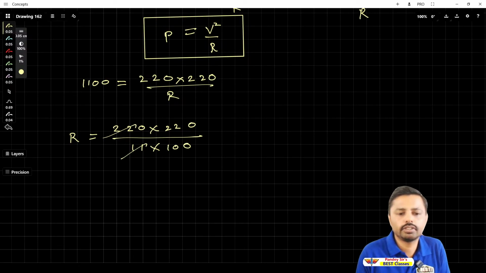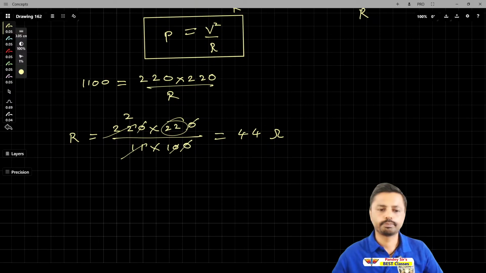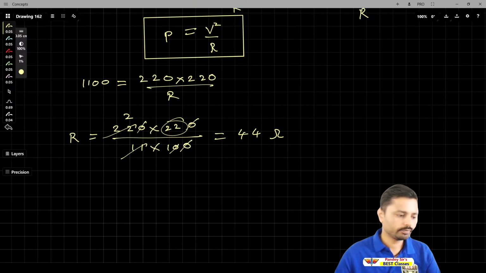Cancelling, we get 22 into 2, that's 44. So 44 ohms. That's the resistance. Could any of you get it?